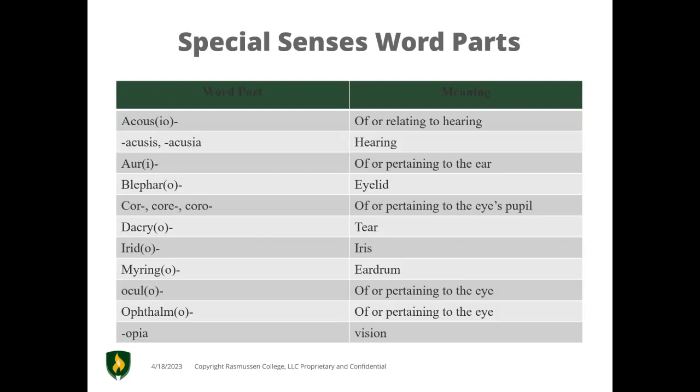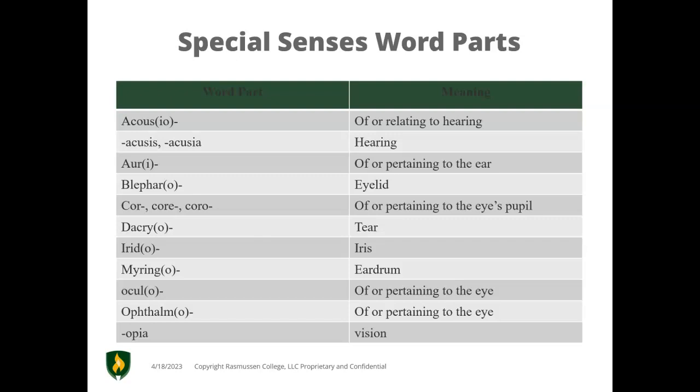So some of the word parts that you're going to hear are: acuso, which is pertaining or relating to hearing. The suffixes -acusis or -cusis mean hearing. Ot- or auri- is pertaining to the ear. Blepharo is your eyelid.